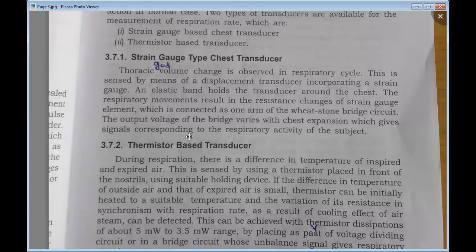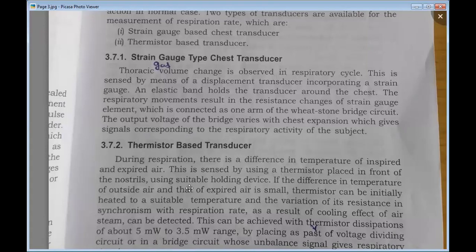The respiration movements decrease, and the strain gauge senses the decreased movements, so the change of the resistance decreases. Due to the change of the resistance there is a variation in the output, and the output will decrease. Due to that decreased output, we can analyze it. A normal patient shows this much variation, and if the patient is affected, this much variation, and that will be identified by using the strain gauge type chest transducer.